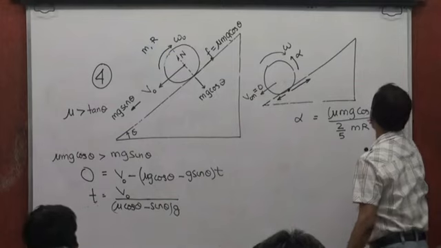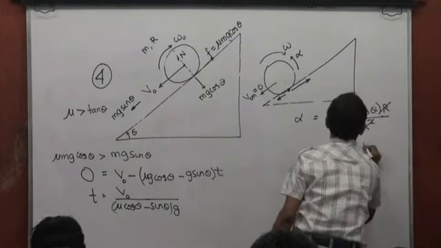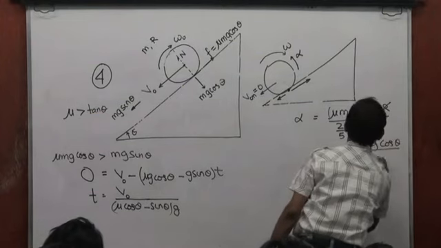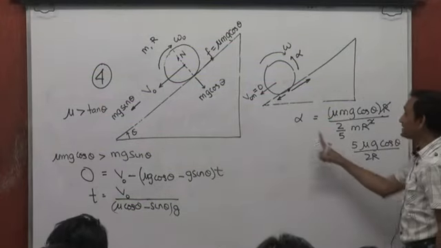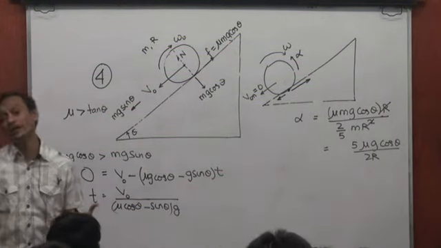So that makes it 5 mu g cos theta by 2r. That's the angular retardation.